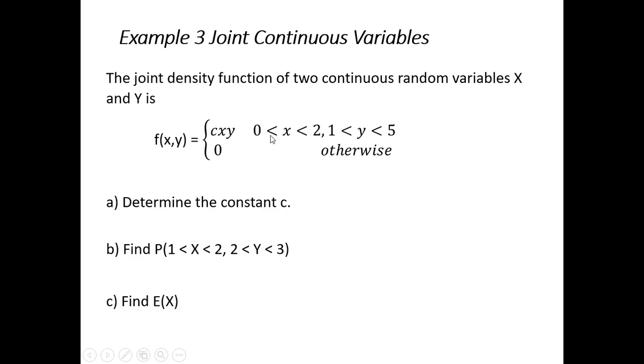So what's this region? If you were to graph this, you would get some sort of rectangle. x is between 0 and 2, and y is between 1 and 5. So we're asked to determine the value of the constant c, find the probability x is between 1 and 2, and y is between 2 and 3, and then find the expectation of x.